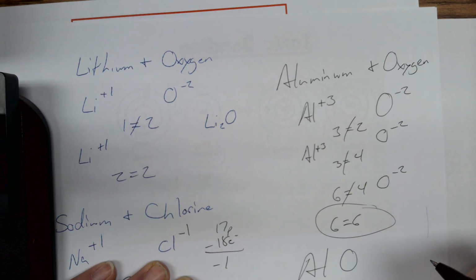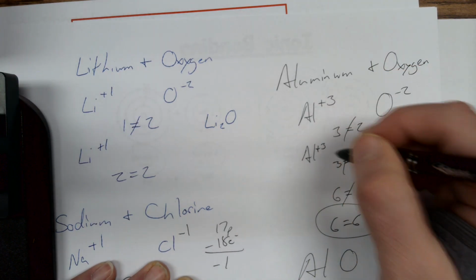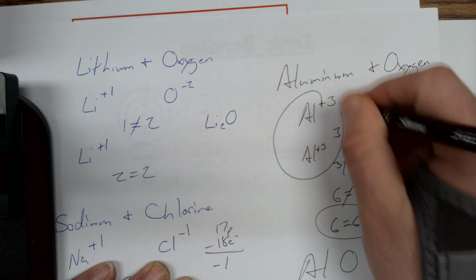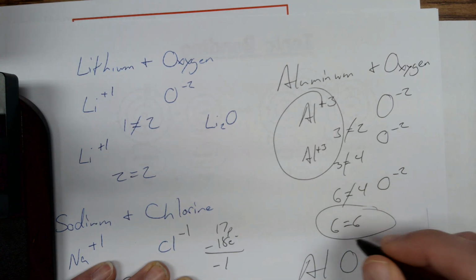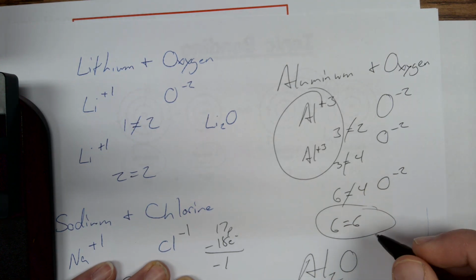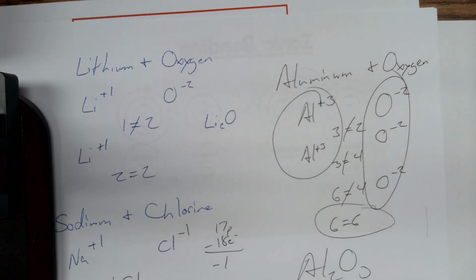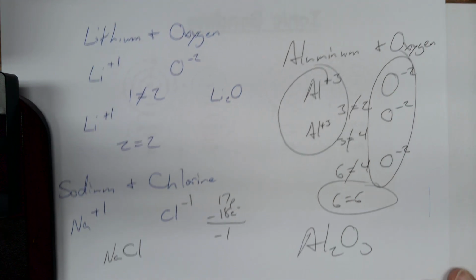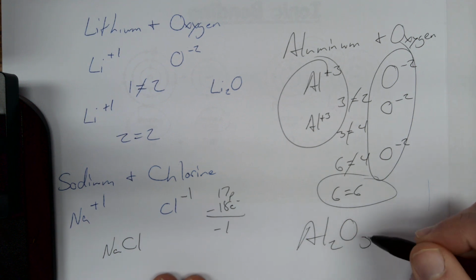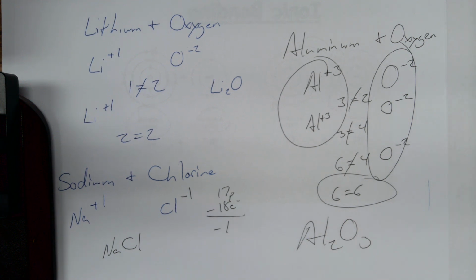I added 2, right? 1, 2. 2 aluminum ions were used in this. How many oxygen ions were used? 3. Al2O3.